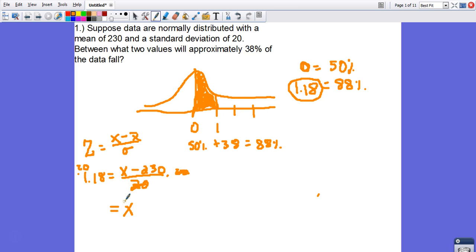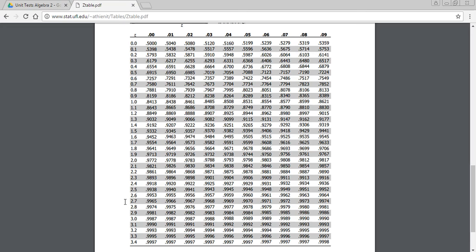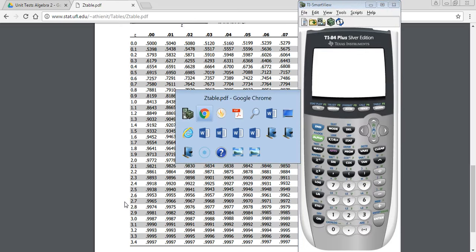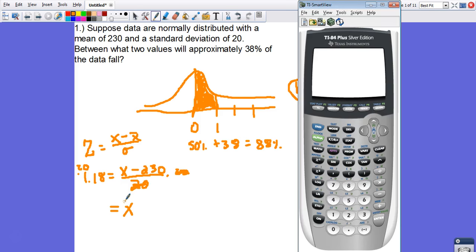So let me find the calculator. 1.18 times 20 plus 230.